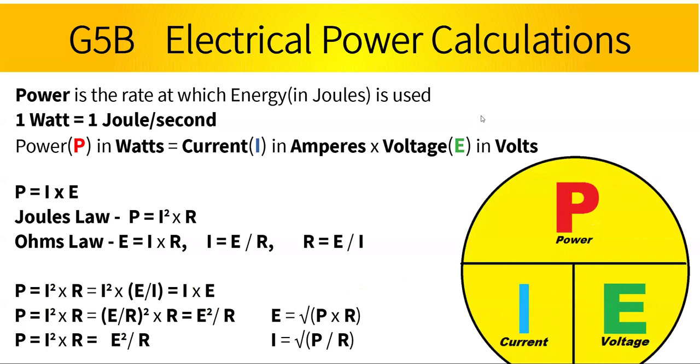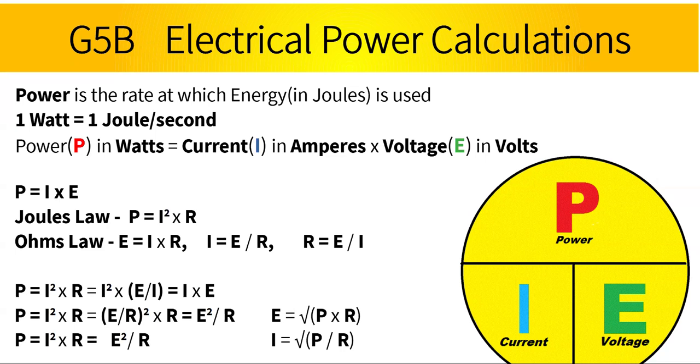Pretty high voltage. Okay, so power calculations. Power is the rate at which energy is used or consumed. We normally measure it in joules, named after this guy, Joule. All these things were named after old dead scientists or engineers. We have a nice little pie chart there.